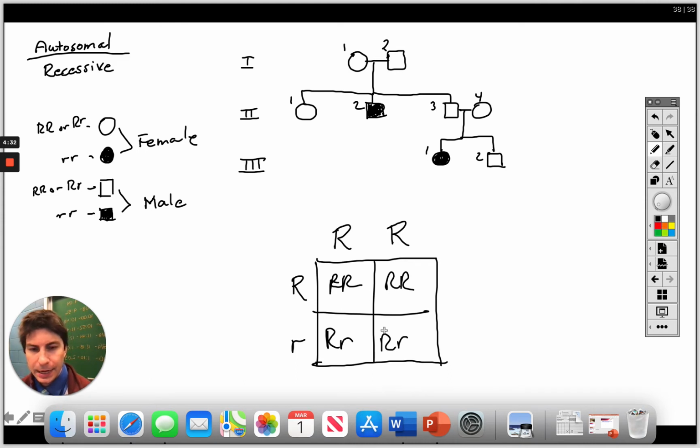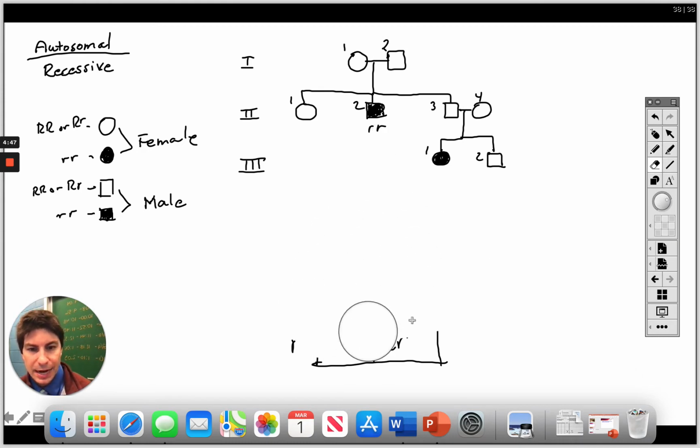Okay? Now, if we look at their kids, they had 1, 2, 3 kids. If we look at this Punnett square here, there's no little r's in there. But number 2, we know, is little r. So they can't have any of those. So that cannot be correct. So let's try another one.